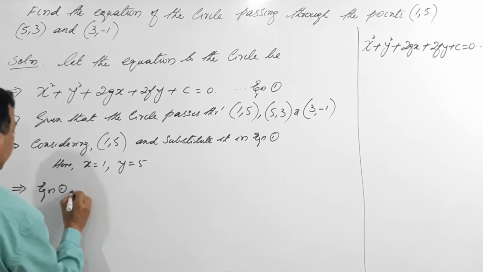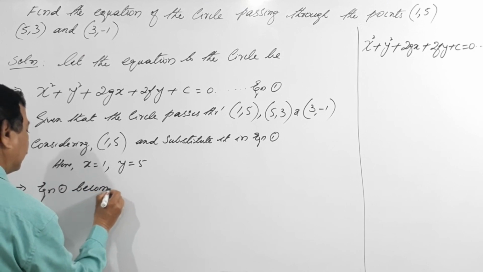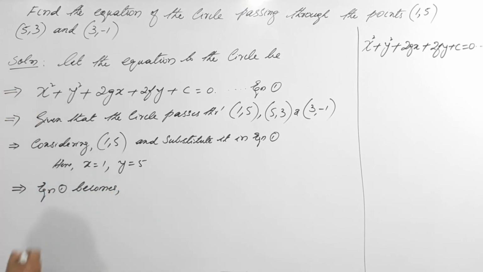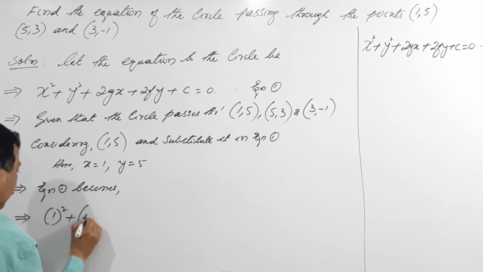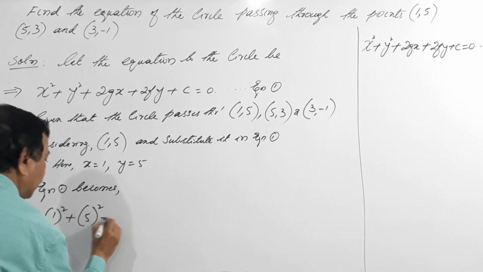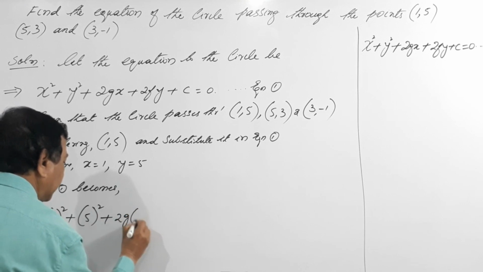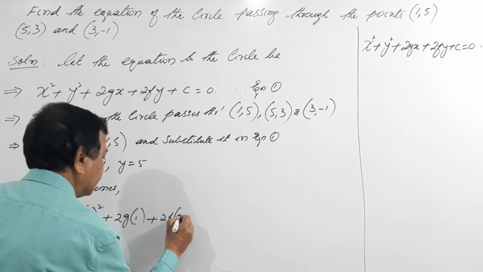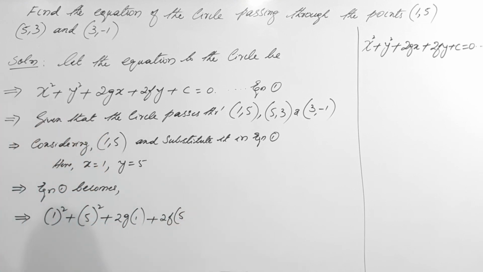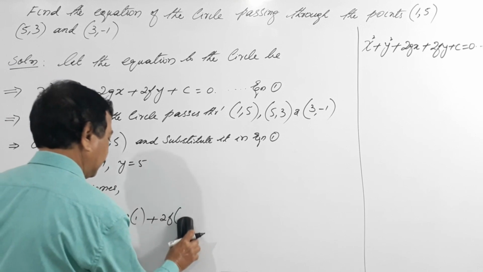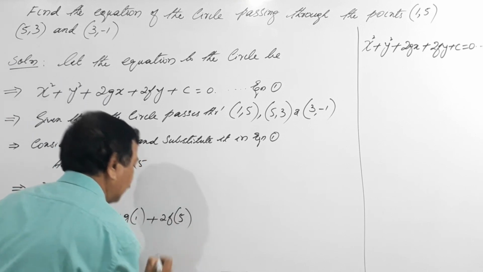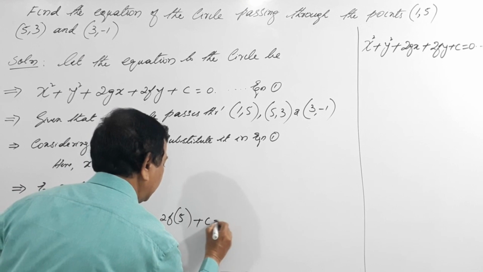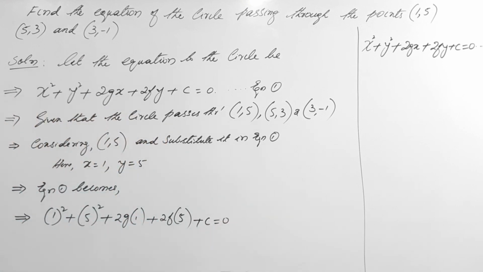Equation 1 becomes 1 square plus 5 square plus 2g, x is 1, plus 2f, y is 5, plus c equals to 0.